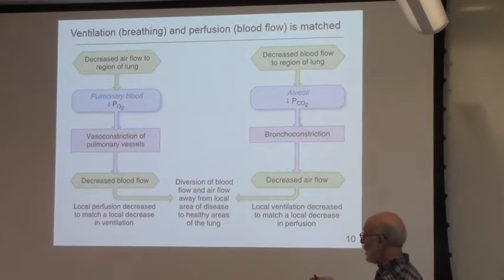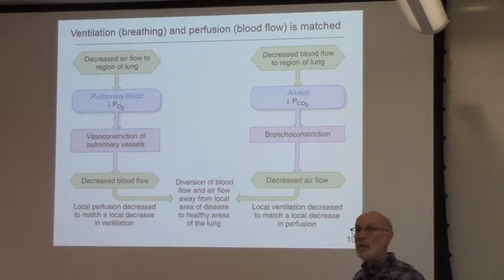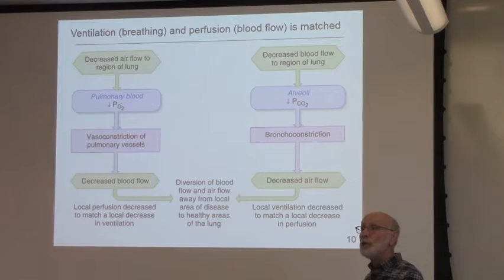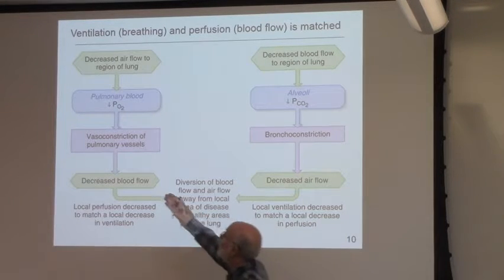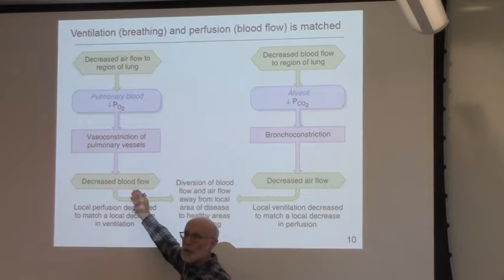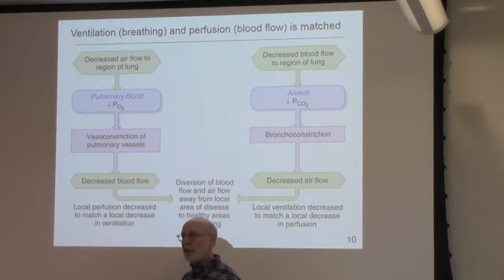If there's an area of lungs that is getting decreased ventilation, we would want to divert the blood to perfuse the areas of lungs that were getting normal airflow, and that's what this is all about. By decreasing blood flow to that part of the lung, the blood could go elsewhere, where it would be better matched for ventilation and perfusion.